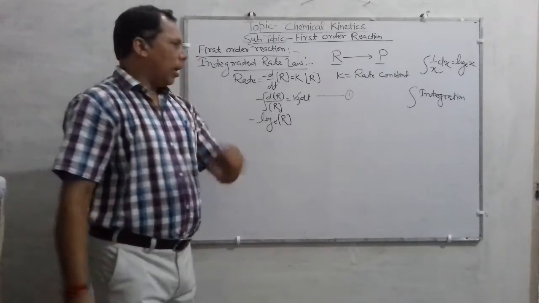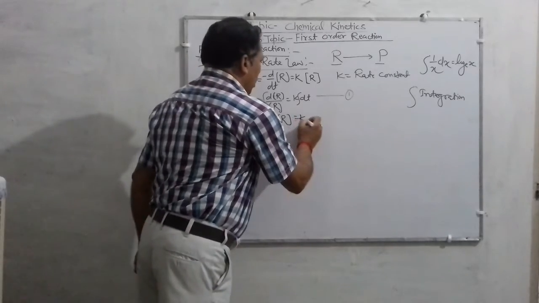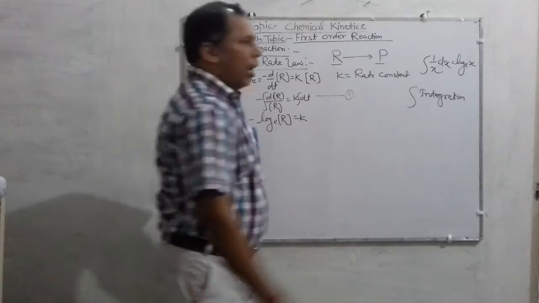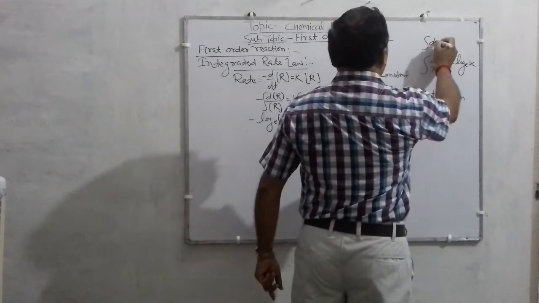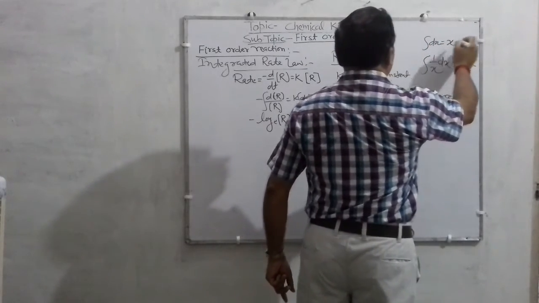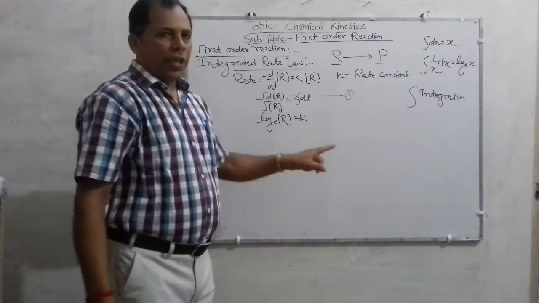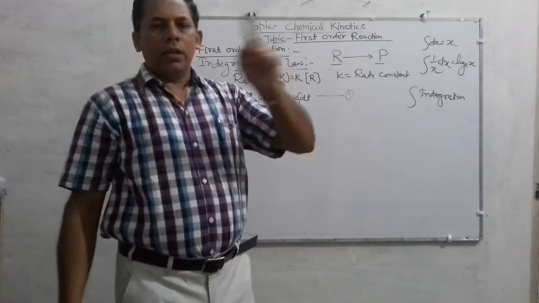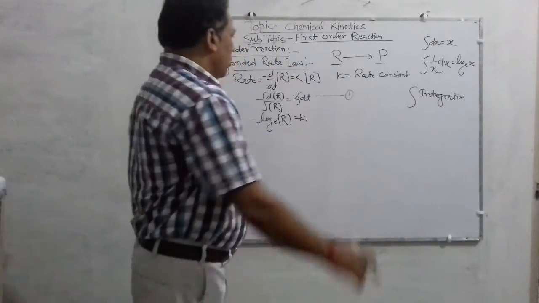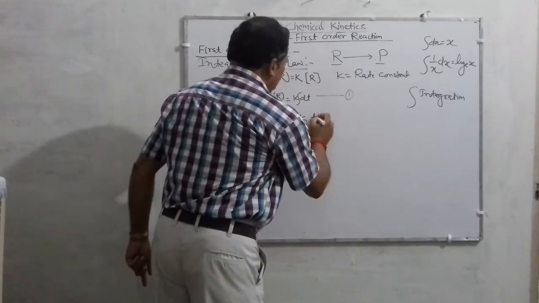Am I right? And as you know, for k times the integral of dt, I have already taught that the integral of dx is x. So the integral of dt will be t, and k is a constant, so k doesn't count in the integration. So k into t.